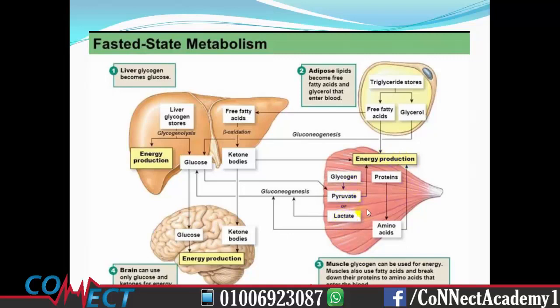It can also break proteins to amino acids, which again go to the liver to perform gluconeogenesis. It cannot utilize fat. Okay, so as a body as a whole, the most important organ functioning in our body, which is the brain, understands two types of fuel: either glucose from broken down glycogen, or ketone bodies from broken down fatty acids.